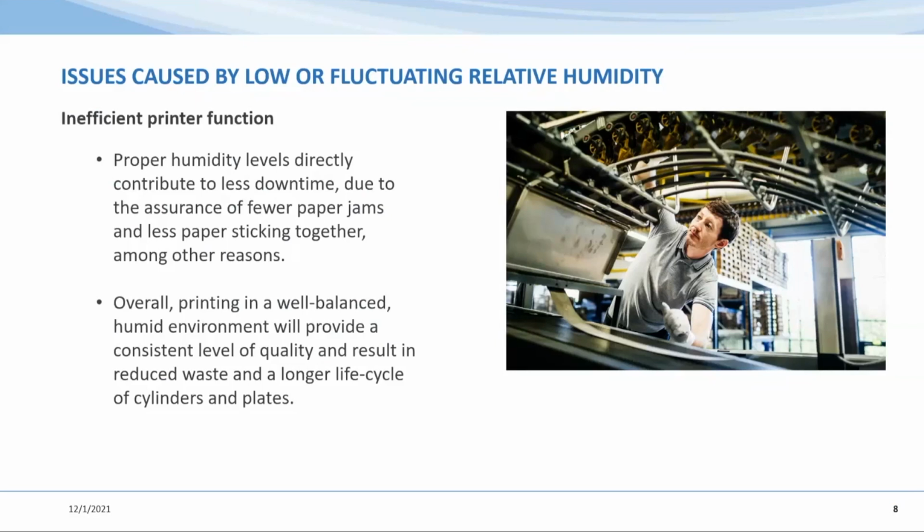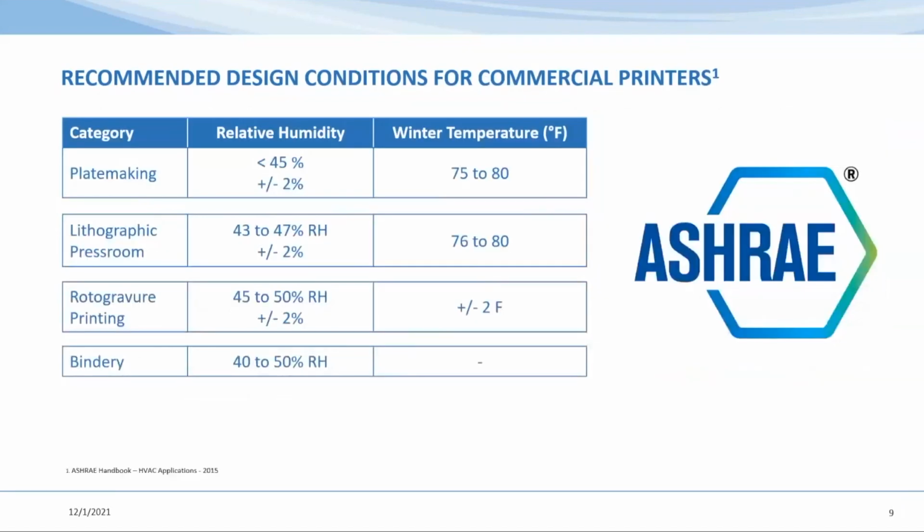So we want to promote a well-balanced area in that printing environment to give a consistent level of quality. The end goal for a printing facility is to reduce waste, improve quality, and have longer life cycles of cylinders and plates, depending on the printing type.